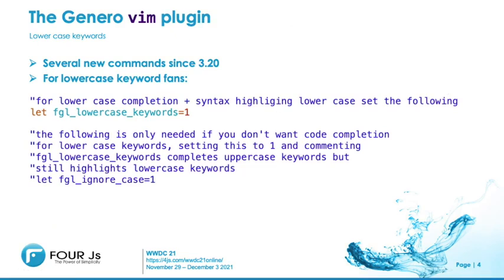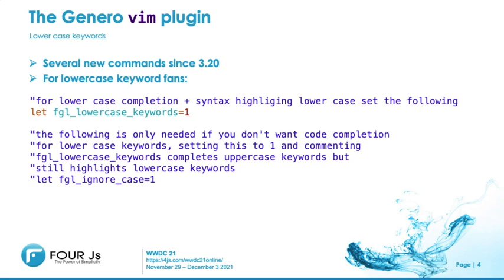Over to the Genero Vim plugin. I introduced the Genero Vim plugin in my 2018 talk, and of course, you can read a lot also in the documentation. Since the 2018 talk, several new commands came in. One of those interesting new commands is the lowercase keyword configuration in Vim.